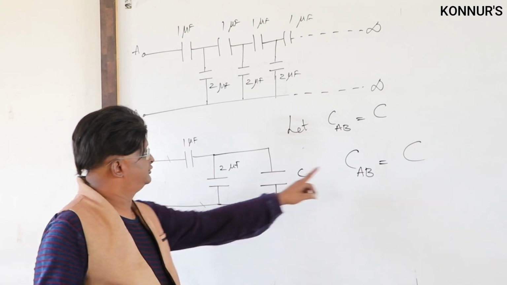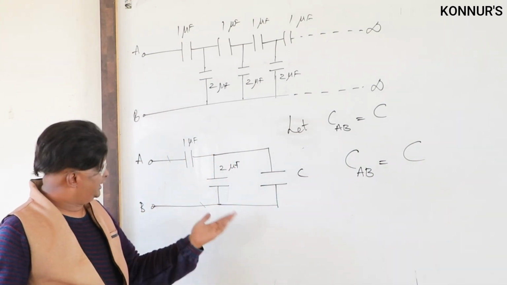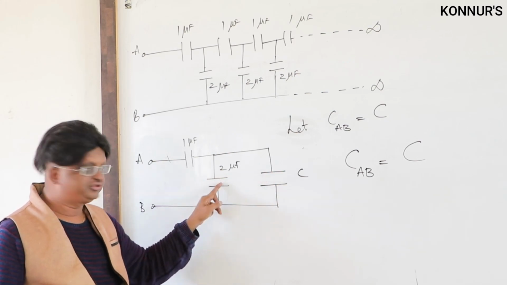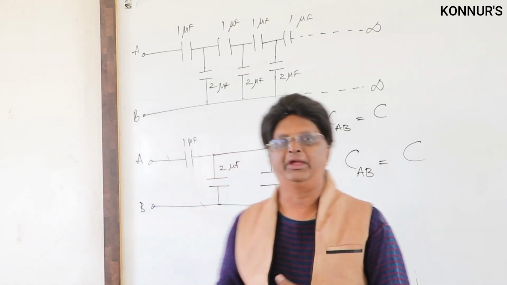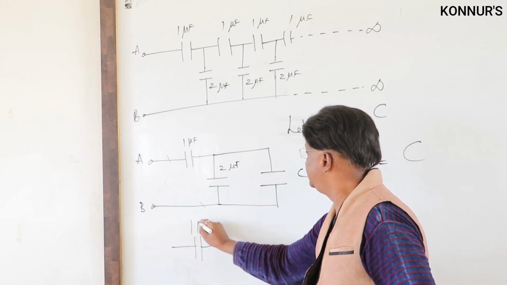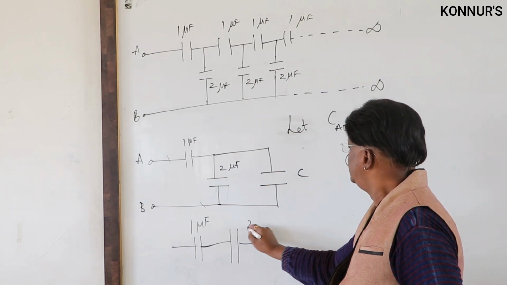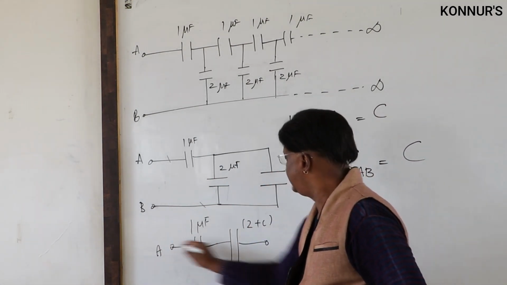But what do you observe here? You will observe that this C and 2 are in parallel combination, and for that this 1 microfarad is in series. So this one is 1 microfarad, and this one is 2 plus C, the parallel combination. This is AB.